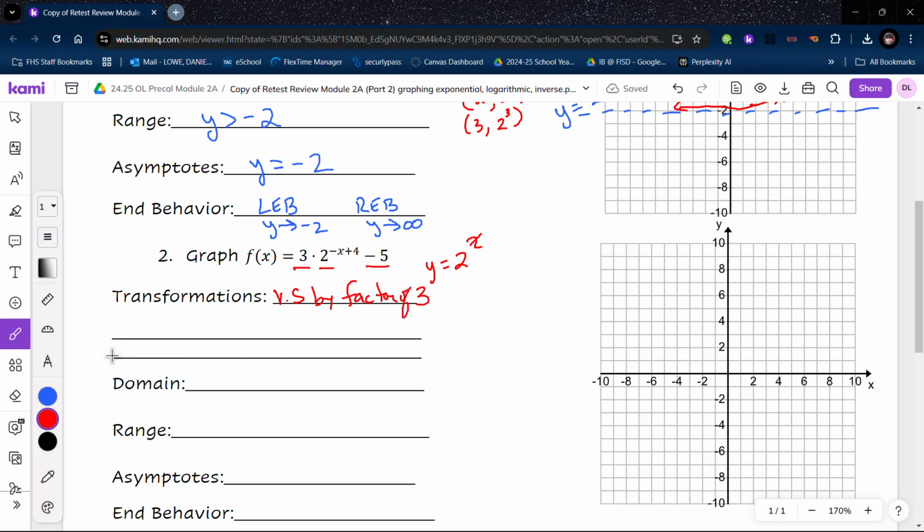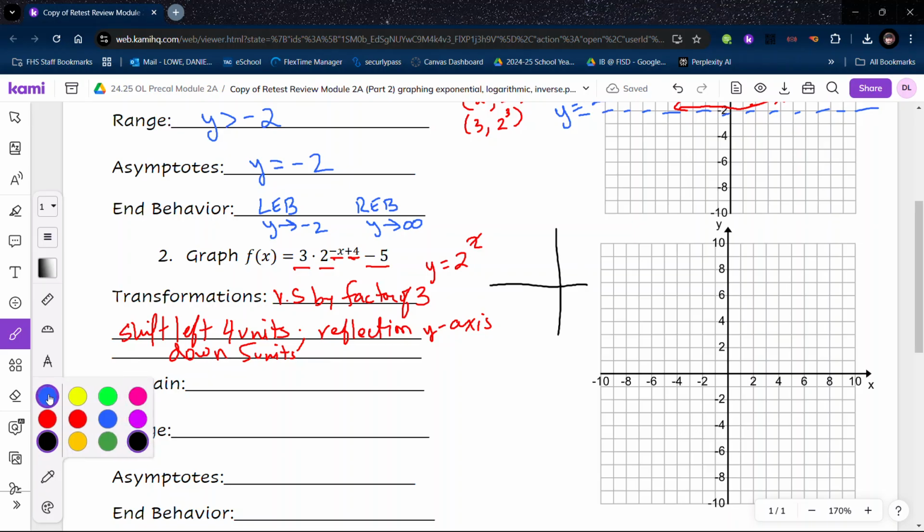I have a shift left by 4 units, and after shifting left by 4 units, then I have a reflection in the y-axis, and lastly I move down 5 units. Once again, this is exponential.